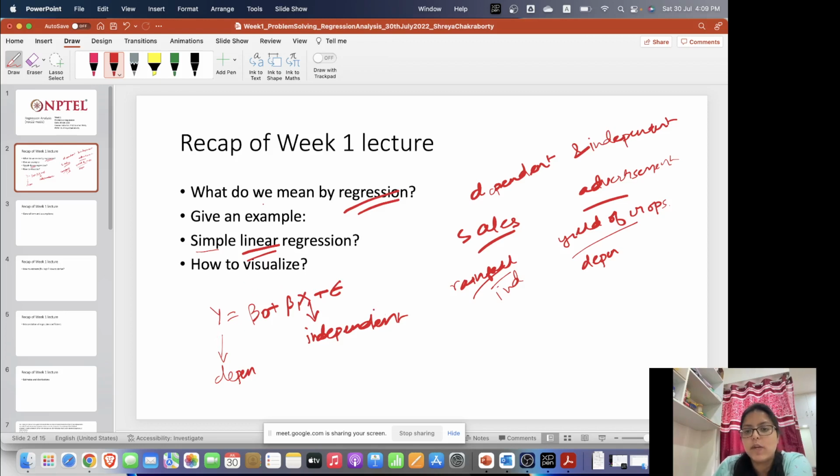So let's suppose we have a set of values xi, yi. How do we visualize it? If I have a set of coordinates, what is the simplest way to visualize and judge whether I'll be able to fit a line or not?